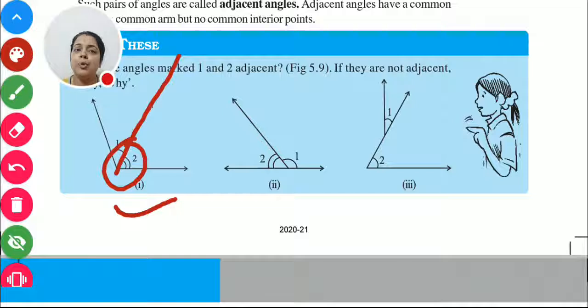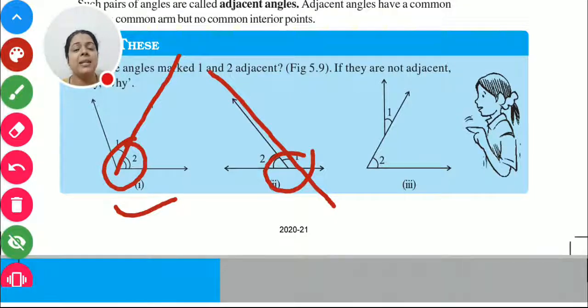So when we have one vertex and one arm common, it is known as an adjacent angle. The same applies here: this is the common vertex and this is the common arm. In both cases we got to know.